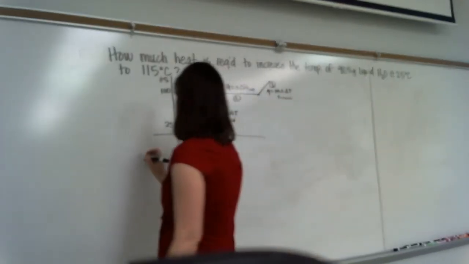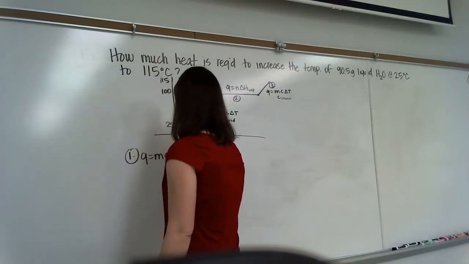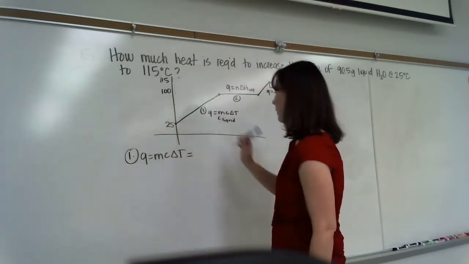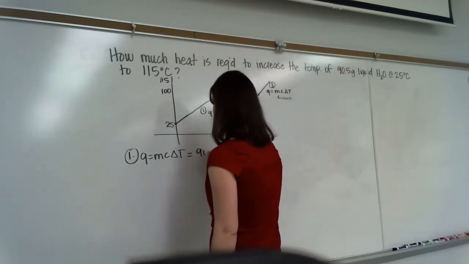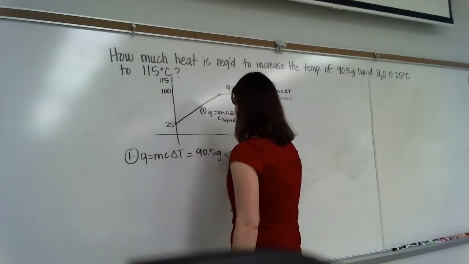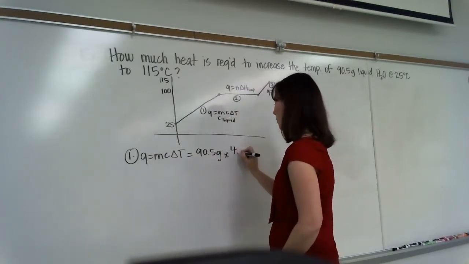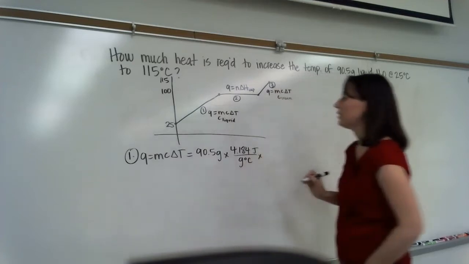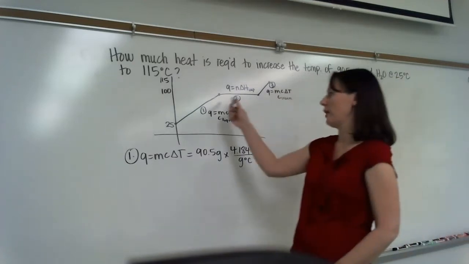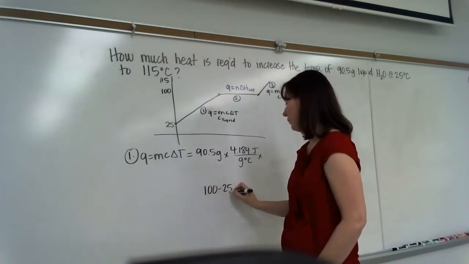I'm still right here. Q equals MC delta T. And so this is for the liquid phase. So the mass is 90.5 grams times the heat capacity of liquid water, which is what? 4.184 joules per gram degrees Celsius. Now what's delta T? Delta T is always final minus initial. So final minus initial.